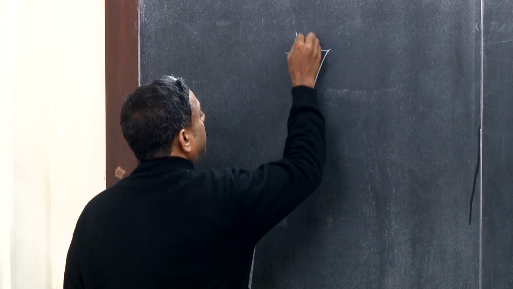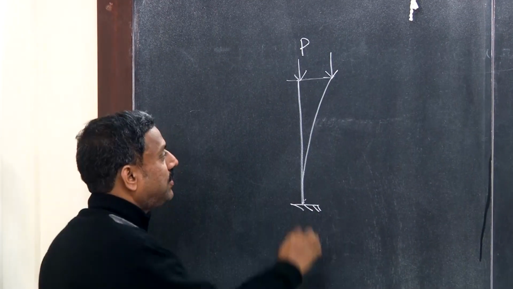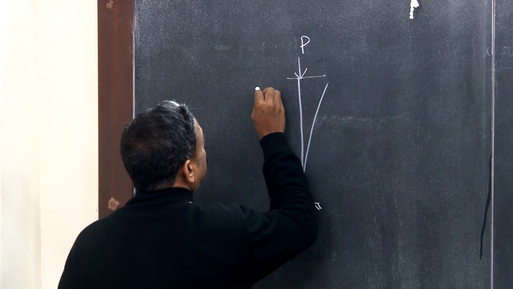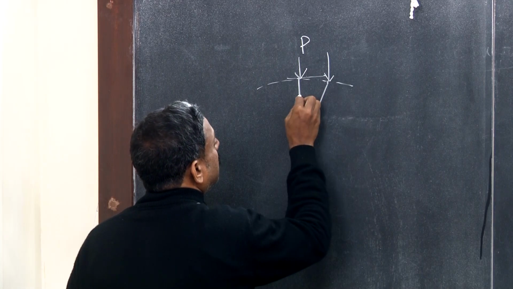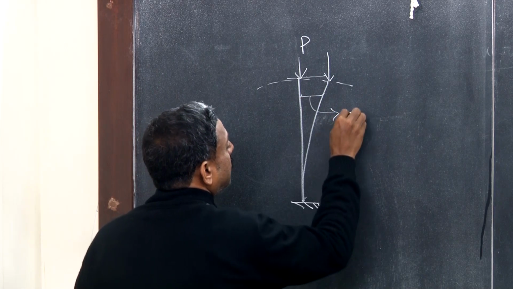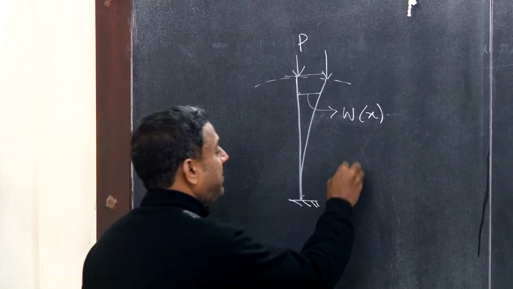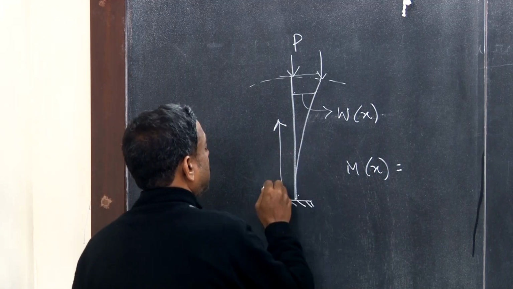It was subjected to some force P, an axial compressive load. You must be recalling that this was perturbed, and then there was some deflection w(x), and that is what causes the bending moment M(x). We are considering this M as a function of x, this coordinate.